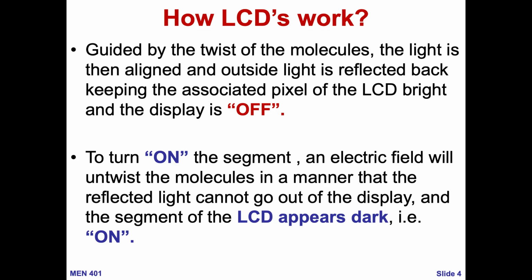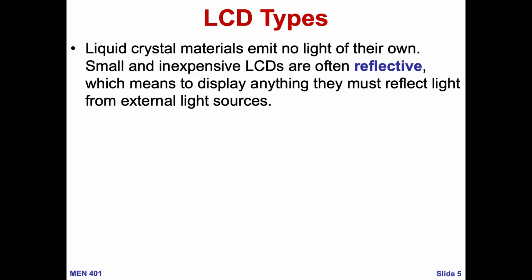So in this way, we may pass currents through pixels to make them dark, so to make them on. And by doing a good combination of these currents, we will create characters, letters, and numbers. Now, they are often reflective, as we said, but maybe there is not sufficient outside light to have a good reading.